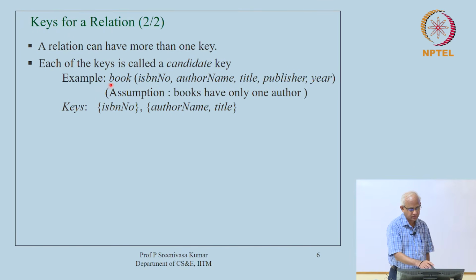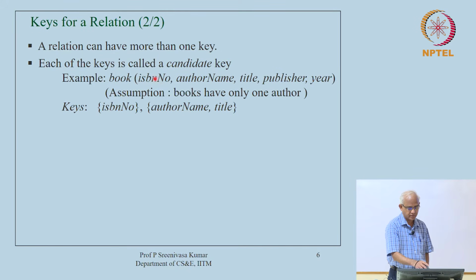Now, let us look at this example of a book where ISBN number, author name, title, publisher, year are the attributes. I suppose you know what an ISBN number is, right? It is a unique number given to all books. It is an international standard book number.